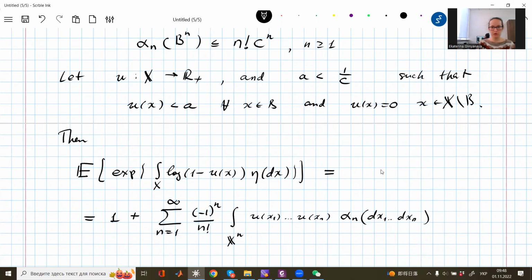So what we have, if I take some specific function here, so maybe you can recall that in the Laplace transform we have just some arbitrary function v, for example.